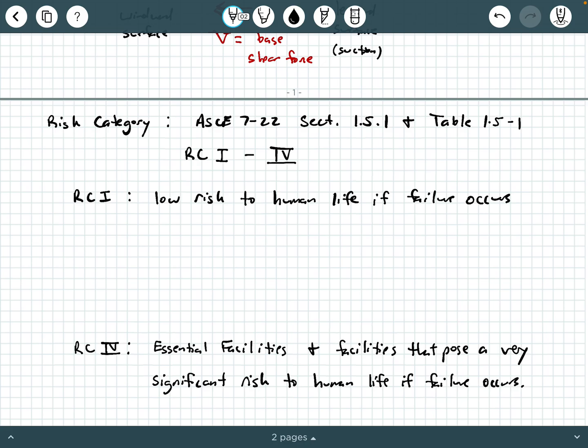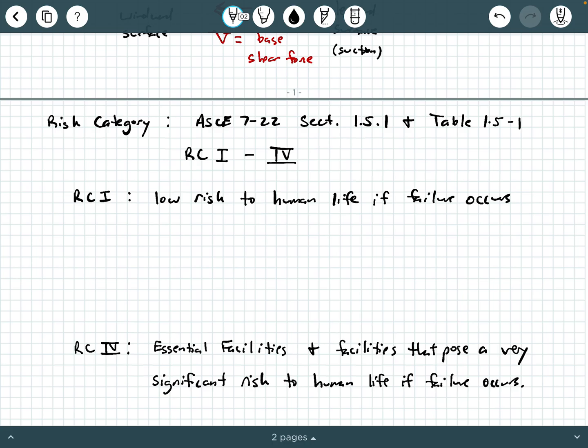Well, essential facilities would be like hospitals, fire stations, police stations, okay? These are facilities that you want to remain functional during a natural disaster, okay? Now, risk category 4 also includes facilities that may pose very significant risks to human life if failure occurs for other reasons.